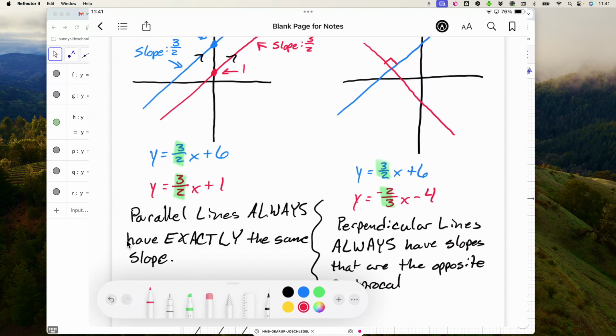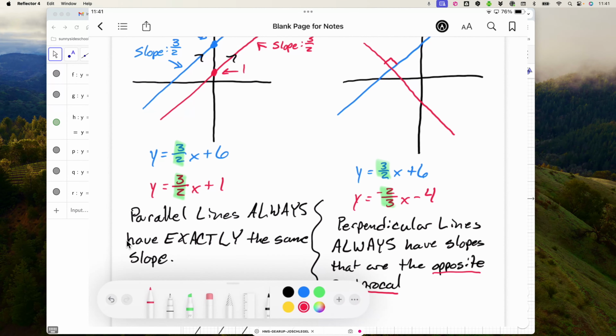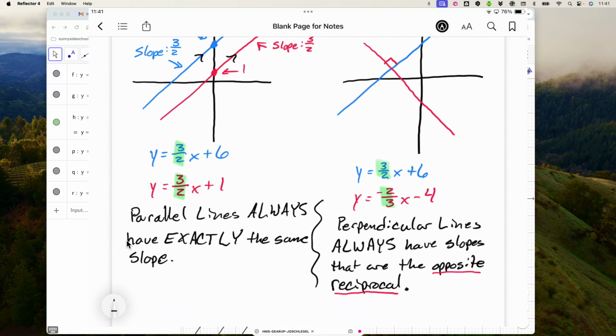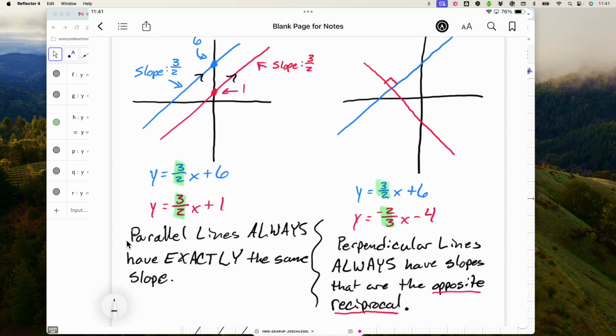I'm going to ask you to underline the words opposite reciprocal, because that's really the important thing to understand about slopes of perpendicular lines. I know it may take you a moment to write this down. Go ahead and get that done at this point.